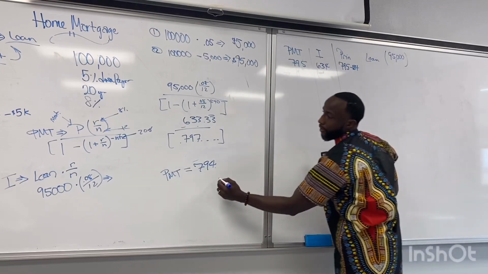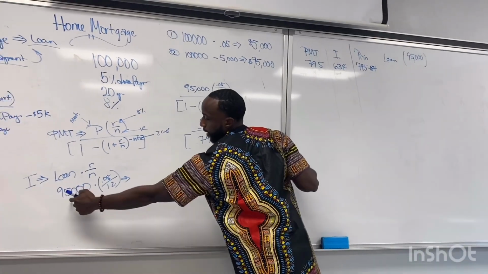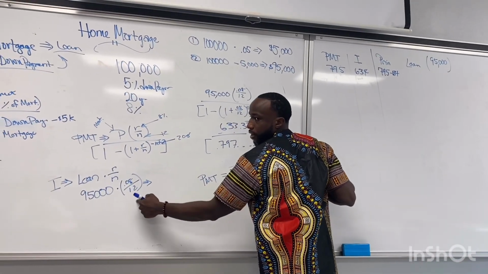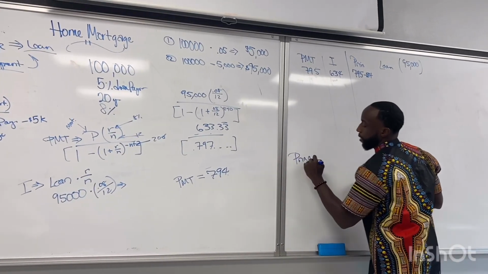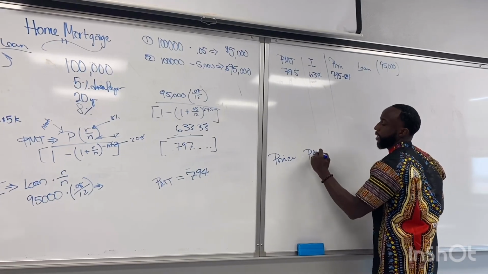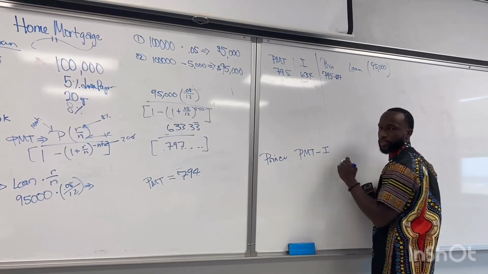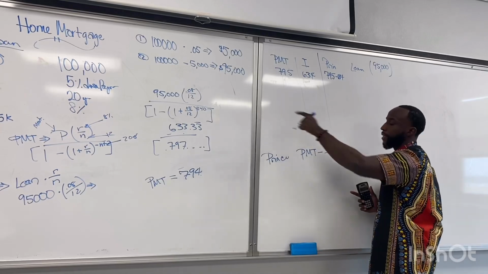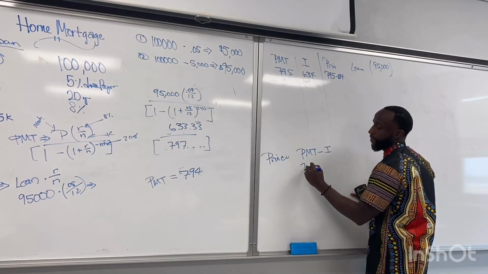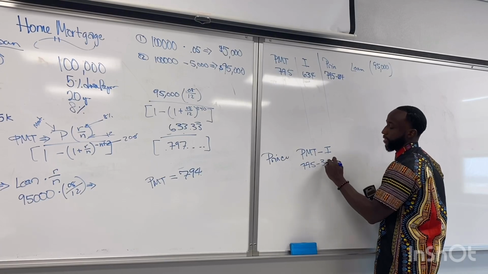So your interest is the loan amount times the rate over time, and your principal is going to be your PMT minus your interest payment, not the rate, but the payment. So that's 795 minus 634.